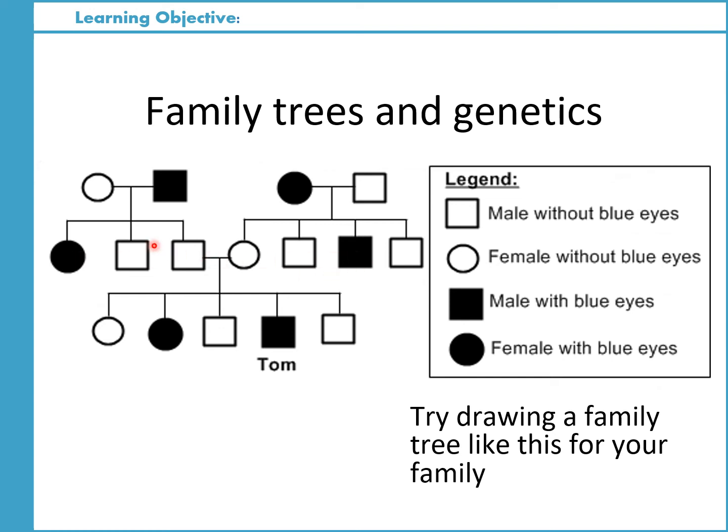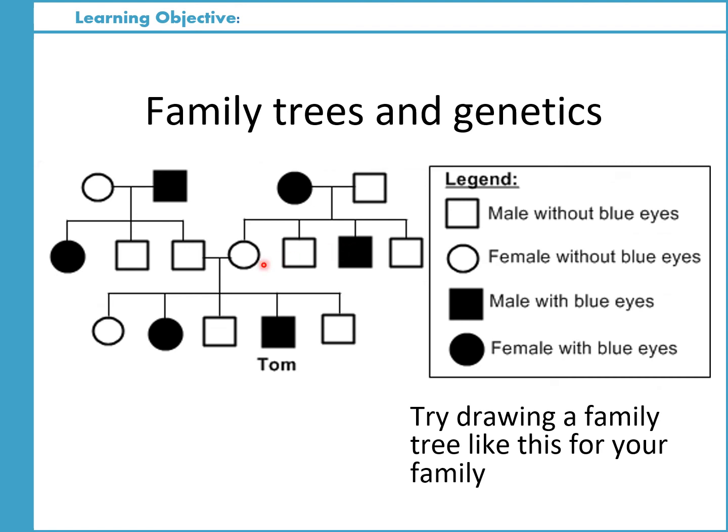What that tells us is that this mother and this father, although they don't have blue eyes, must be carrying that recessive blue-eyed gene, otherwise they couldn't possibly produce blue-eyed children, because in order to have blue eyes you need to inherit the blue-eyed gene from both of your parents, because blue eyes are a recessive trait.